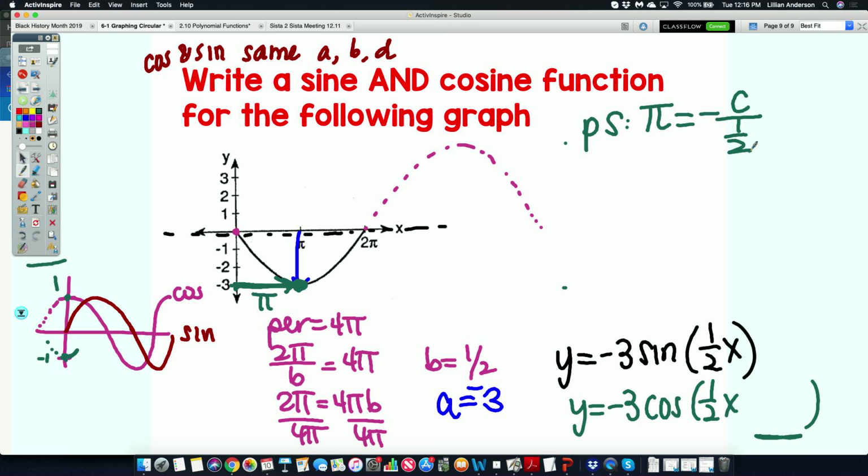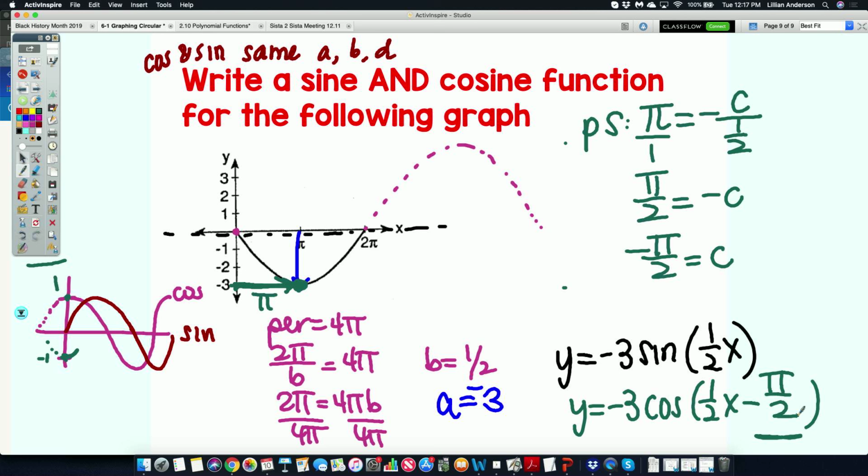Pi is the same thing as saying pi over 1. So when I cross multiply, this becomes 1/2 pi, or pi over 2, is equal to a negative c. What is c? It's a negative pi over 2 because I would divide by a negative 1. So c, the part that goes into my equation, is negative pi over 2.